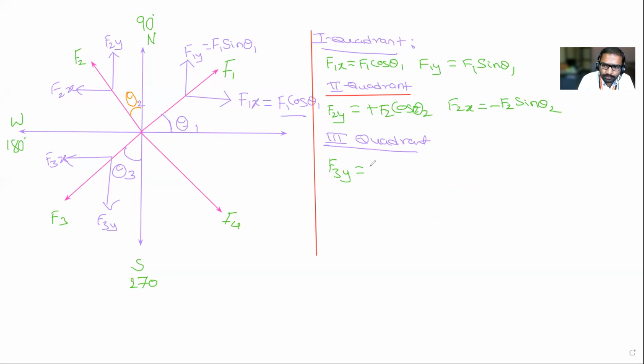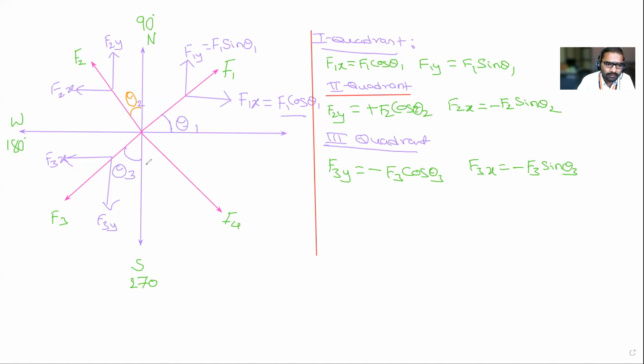Downward, so minus. Is it the cos component or the sin component? It will be the cos component: minus F3 cos theta 3. Next, is the F3x component moving left or right? Left, so it is negative: minus F3 sin theta 3. Is it clear, everyone?